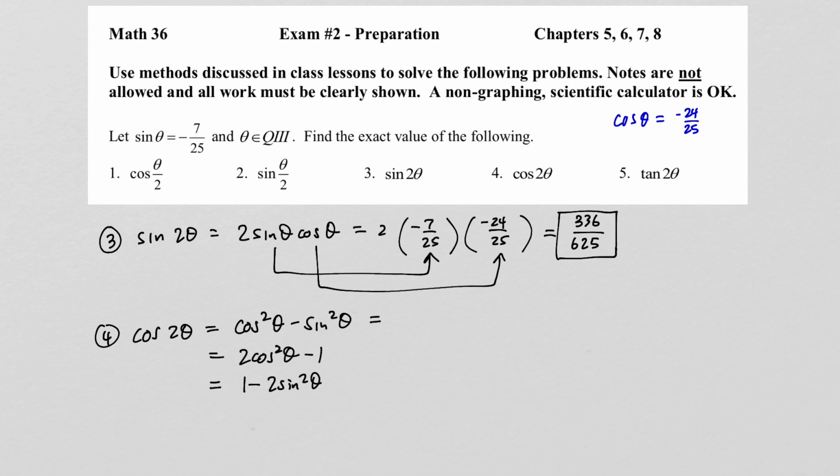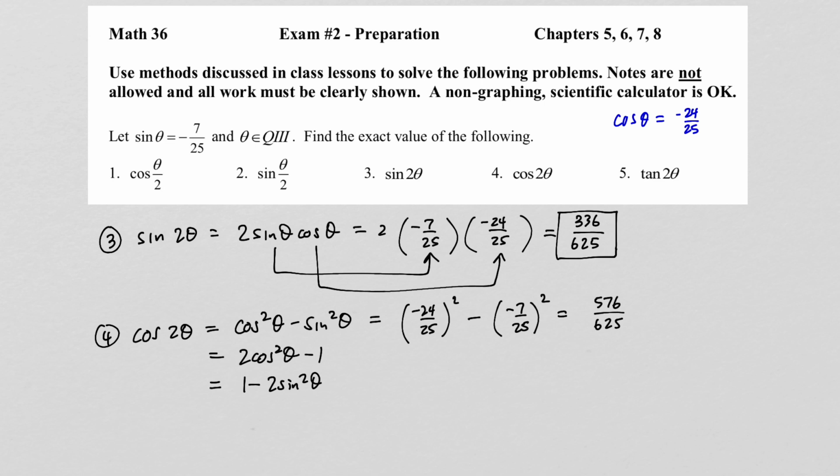So cosine squared of theta is going to be negative 24 over 25, quantity squared, minus sine squared of theta, that's going to be negative 7 over 25, quantity squared. And now we just have to do the math here. So when you square 24, you get 576. When you square 25, you get 625. Need to be careful here. These negatives do not cancel.